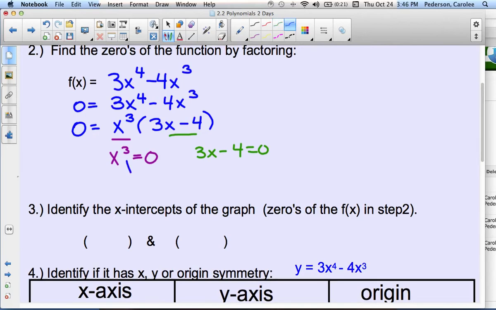This means that you have a repeated 0. The multiplicity is 3, which is odd. What that means is that it is going to cross the x-axis.